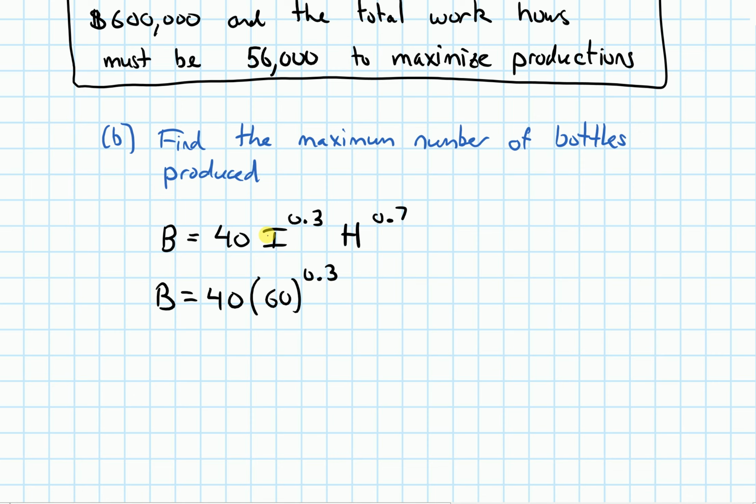Remember, I is measured in tens of thousands, and that's why I write 60 here, because that represents 60 times 10,000, which is 600,000. And then our value of H, the number of hours, was 56,000. So we get that to the 0.7. If I plug this into a calculator and evaluate it, it is about 287,896.90 if I round it to 2 decimal places, bottles.